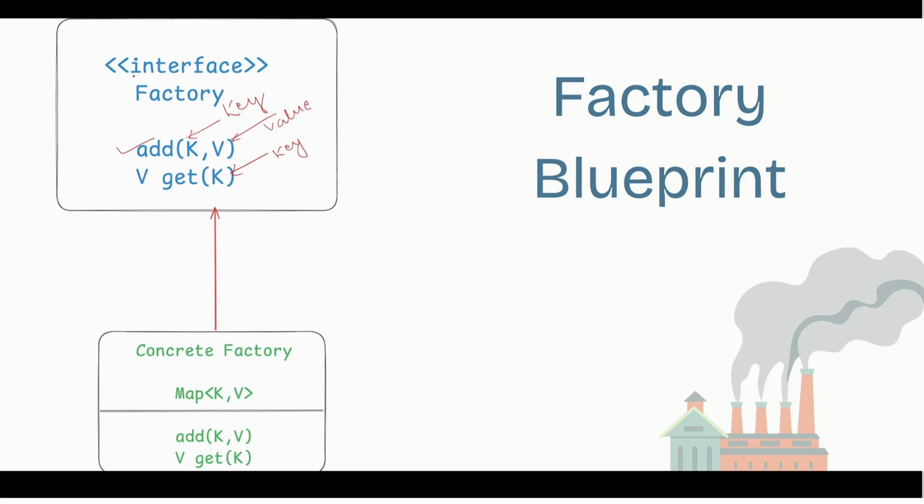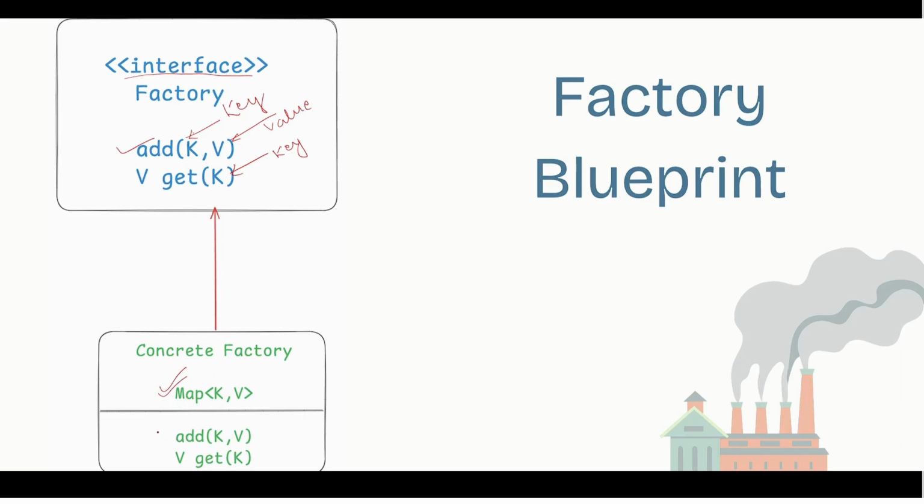So it is a simple map kind of operation, where you define these two methods. And since it is an interface, you cannot create an instance of it. So you'll have to create a concrete implementation of this factory. There will be a concrete factory which will contain a data store. The most commonly used data store for a factory is a map itself, as we already saw.